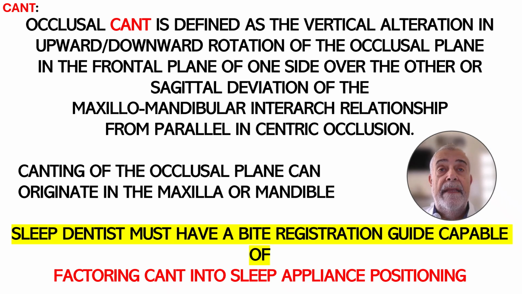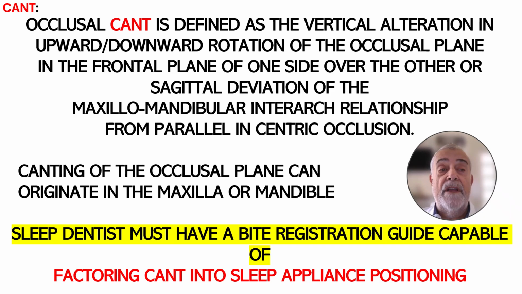Occlusal cant is defined as the vertical alteration in the upward-downward rotation of the occlusal plane in the frontal plane of one side over the other, or sagittal deviation of the maxillomandibular interarch relationship from centric occlusion. This is the book definition.